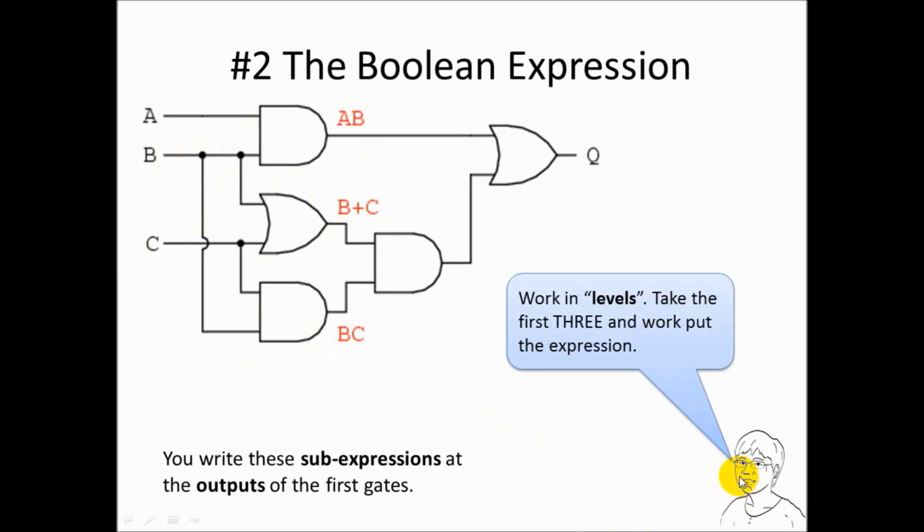So our helper, Mike, says work in levels. Take the first three and work out the expression it should be. This is called writing the sub-expressions at the outputs of the first gates. These are sub-expressions on the output of the first gates.